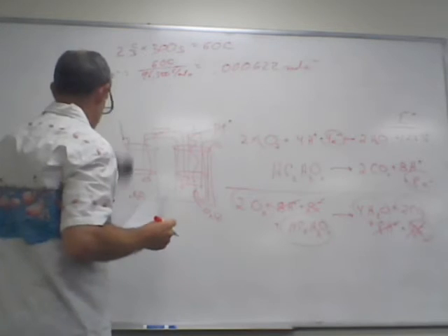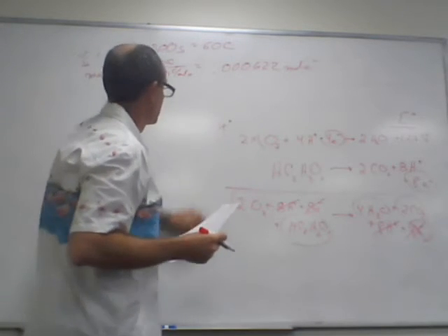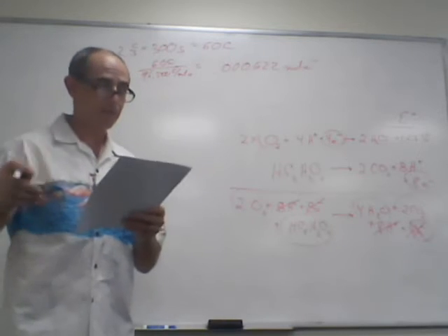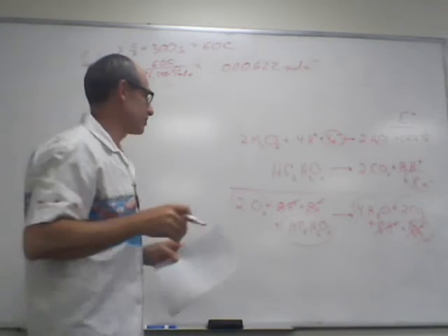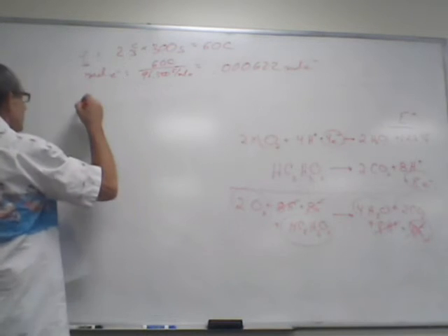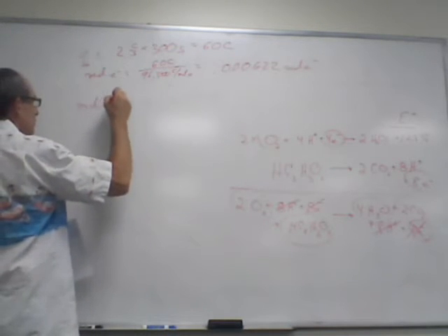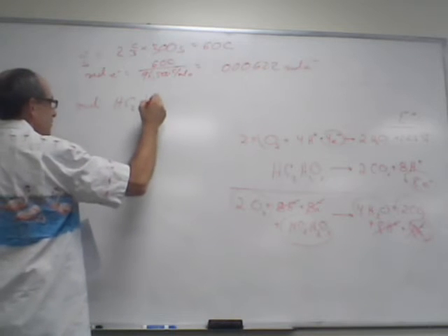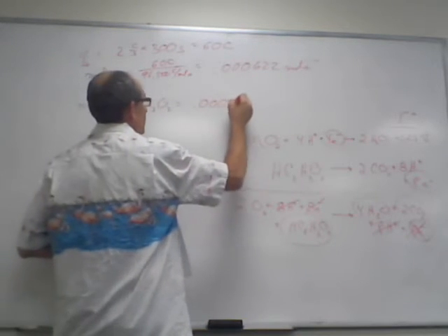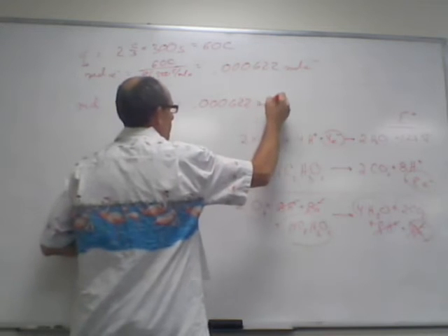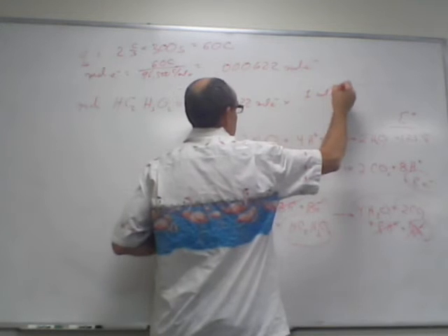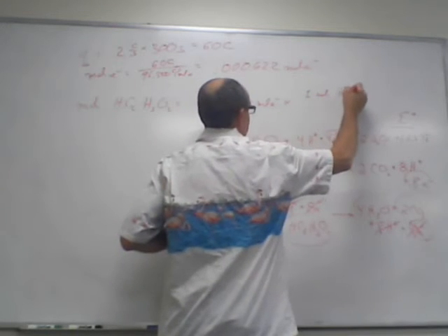We can relate that stoichiometrically to the moles of ethanoic acid because we have an 8-to-1 ratio. So the moles of ethanoic acid consumed in this time would be 0.000622 moles of electrons times 1 mole of ethanoic acid per 8 moles of electrons.